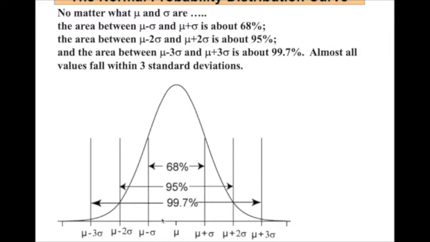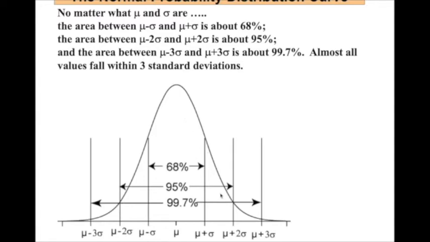Remember the total area under the curve is 1 or 100%. And next, the area between mu minus 2 sigma and mu plus 2 sigma is about 95%.